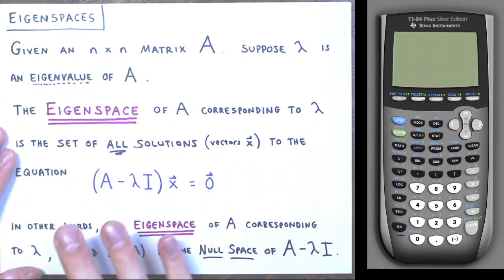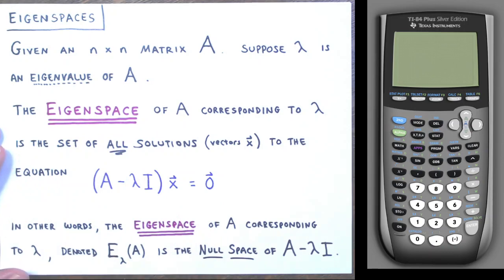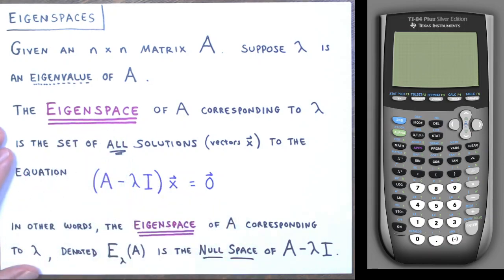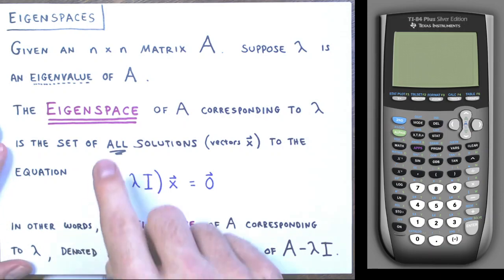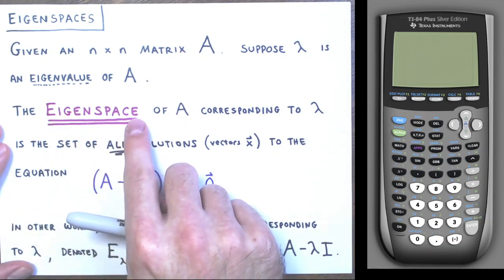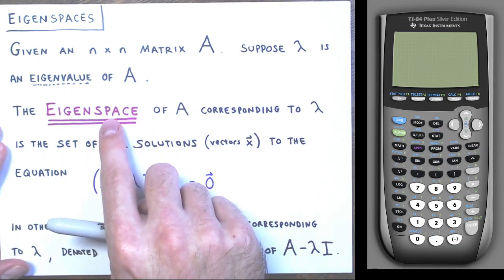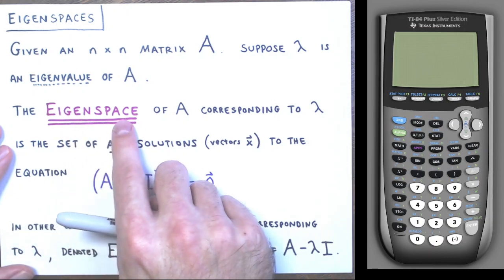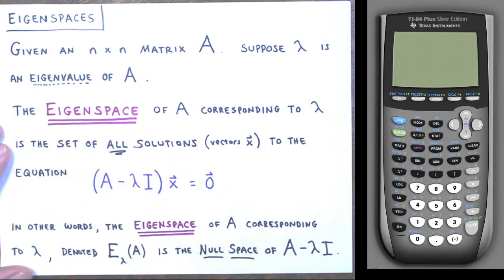In most texts I've seen, the eigenspace contains all of the eigenvectors and the zero vector, so that makes it a vector space. The word space is in eigenspace, so I'm not going to use the word space lightly. If I say something is an eigenspace, I would like that to be a vector space right away.